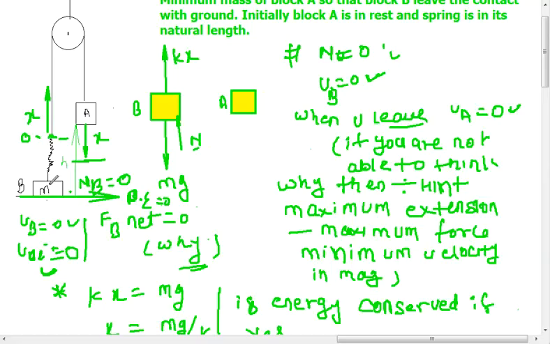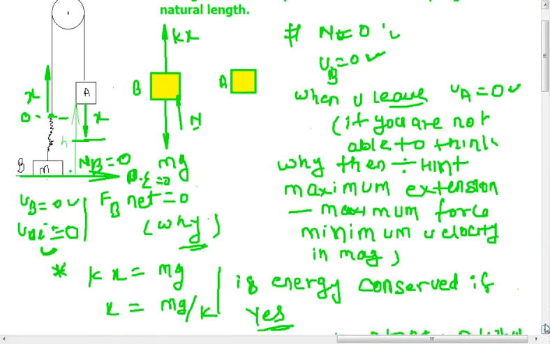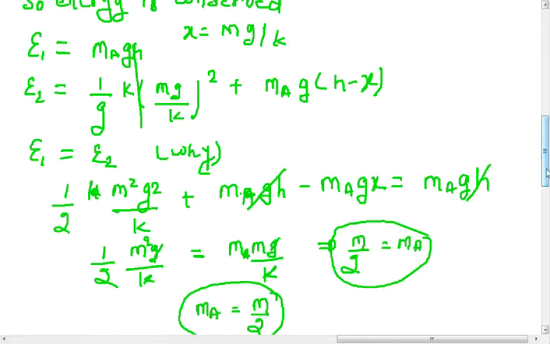This means if you use this spring, then you can lift block b by a mass which is half of block b. So this is very important in design problems. Such type of question is very very important.